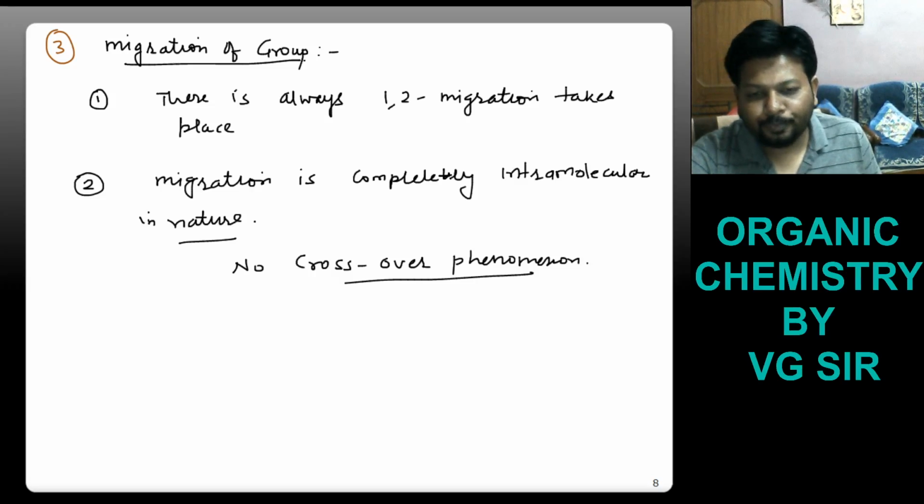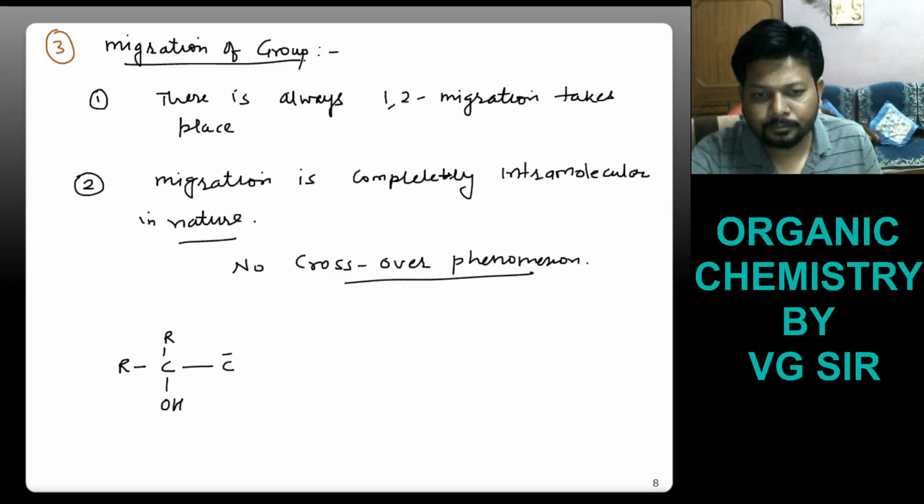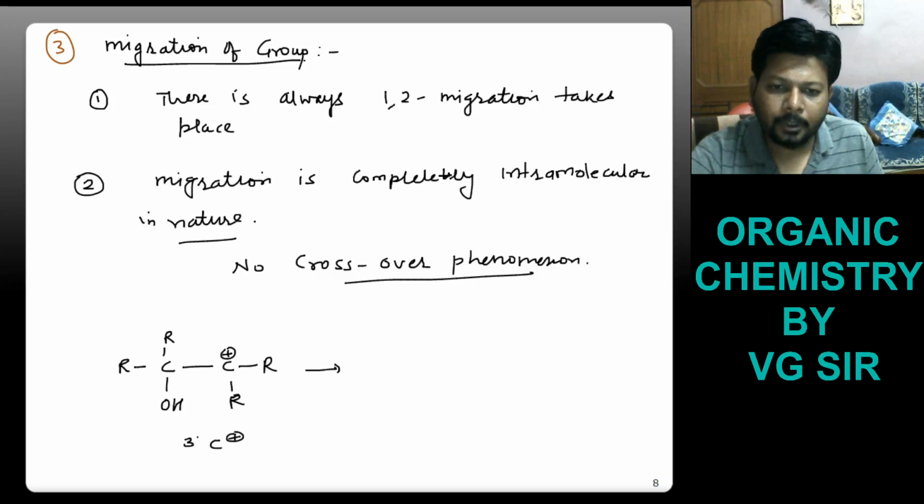Why is it so? If you see the mechanism of migration, it takes place like this. Suppose this is your 3 degree carbocation, then what happens? This migratory group, suppose this is the migratory group, starts forming a bond with the electron deficient carbon.